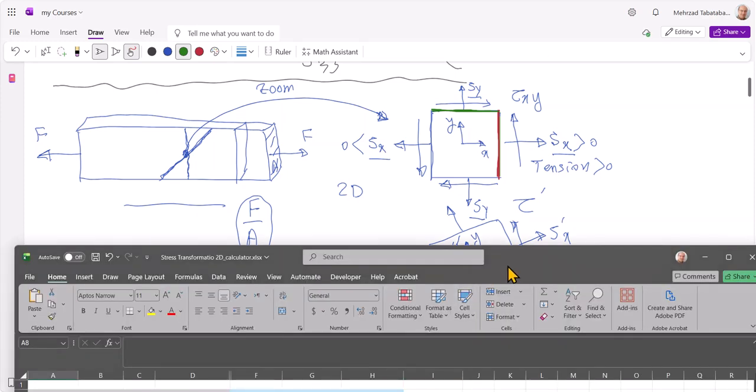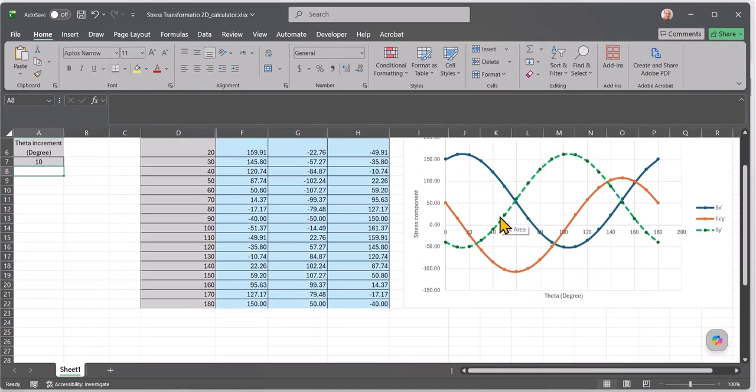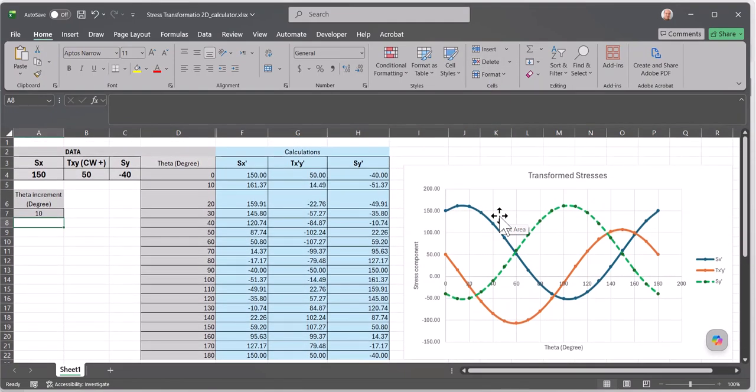And this is a possibility: you can build a spreadsheet and then see clearly the variation of these things. You may say, why do I need Mohr circle? Well, in principle, you're right. You don't need it per se, but Mohr circle is beautiful because it has a visual characteristic to it, and quickly you see how things are happening.